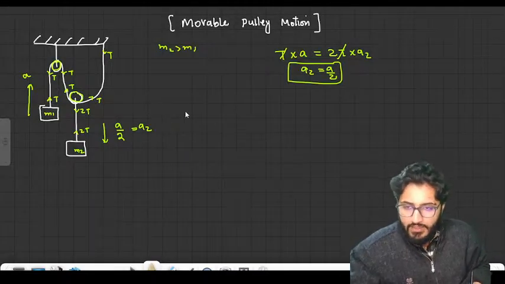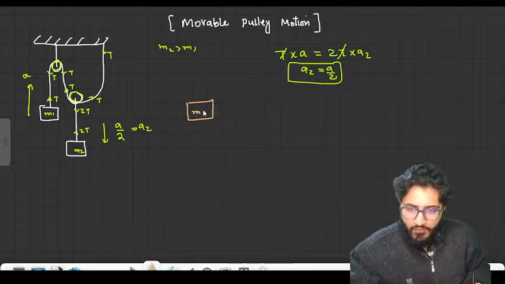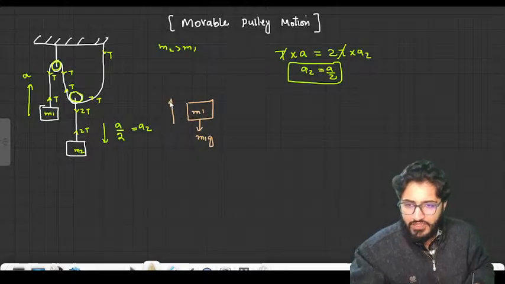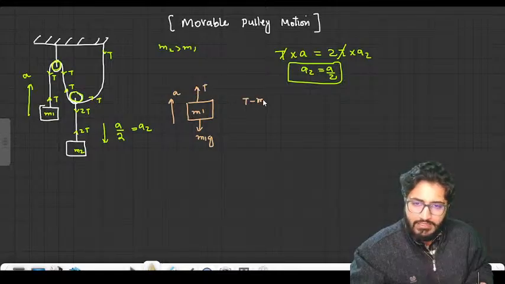Look beta, I will make the FBD. For mass M1, weight is M1G, acceleration is like this and tension like this, right? I can write T minus M1G equals M1A.